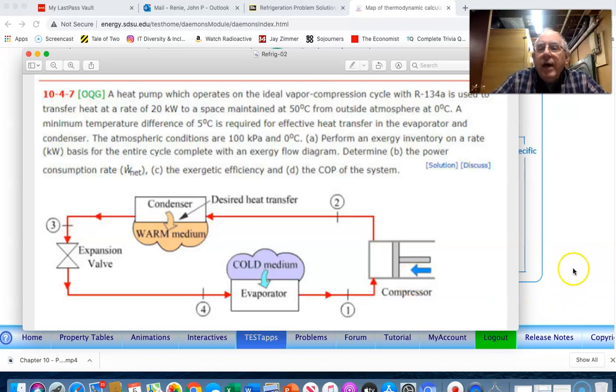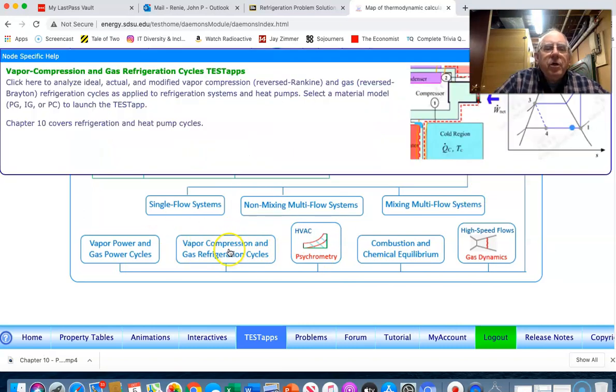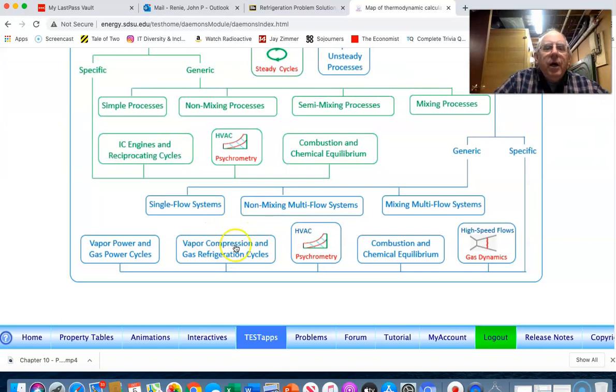And so let's go ahead and go into our test apps. In this particular case, we are doing a vapor compression heat pump.